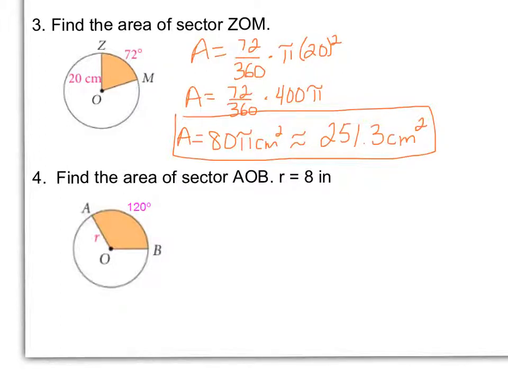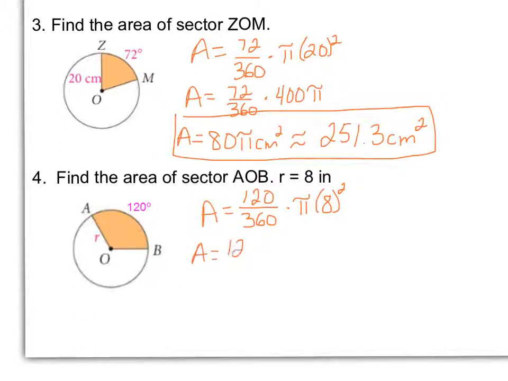Number 4, we want to find the area of sector AOB, and our radius is 8 inches. So for area, we will take the measure of our arc, 120, divided by 360 times pi times our radius squared, so 8 squared.